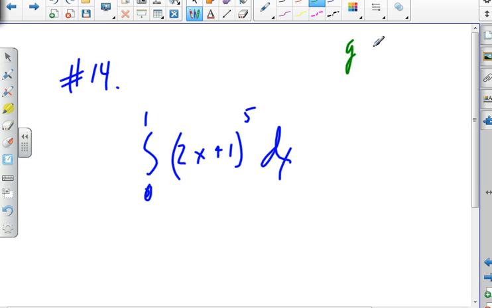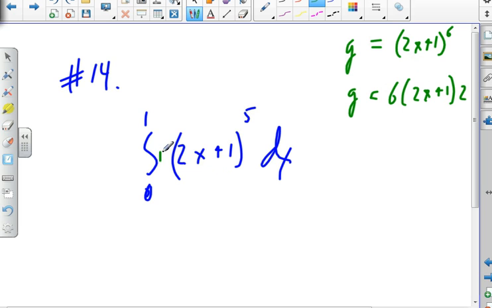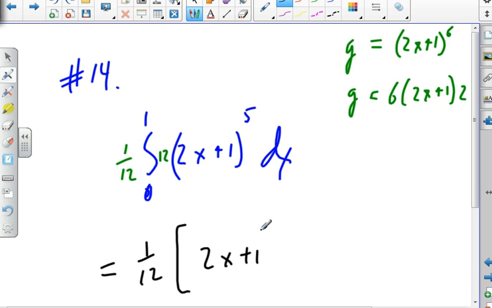I'm going to guess I'm in the form 2x plus 1 to the 6th. And if I take the derivative of that, I'm going to have 6 times 2x plus 1 to the 5th times 2. So I need a 12 here and a 1/12 on the outside. And then I'm going to have 1/12 times 2x plus 1 raised to the 6th power, evaluated at 0 and 1.